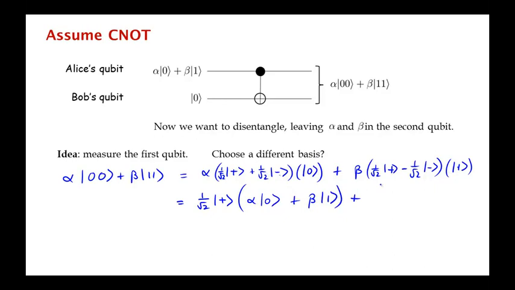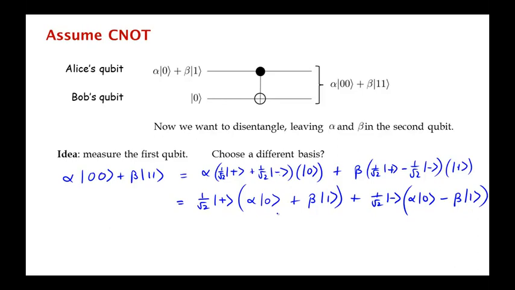And then you have minus here, 1 over square root 2 minus times alpha 0, and with minus here, you have minus beta 1. Okay, so that's the state of the two qubits if you write the first qubit in the plus minus basis, and the second qubit you leave alone as 0, 1. So now what happens if you do a measurement?